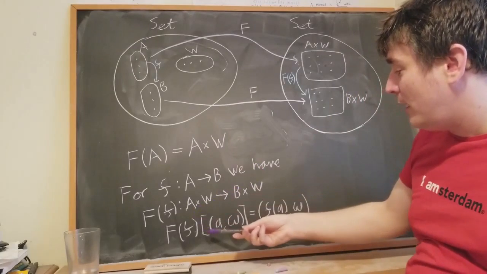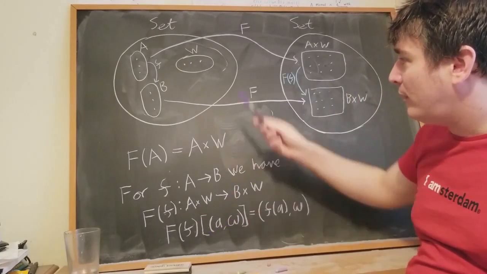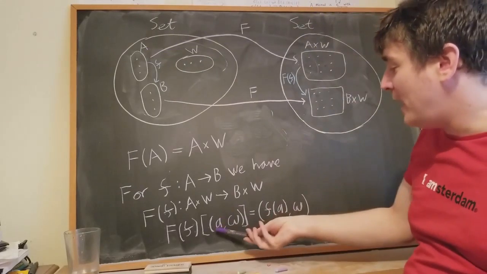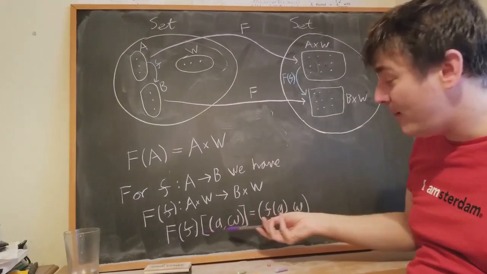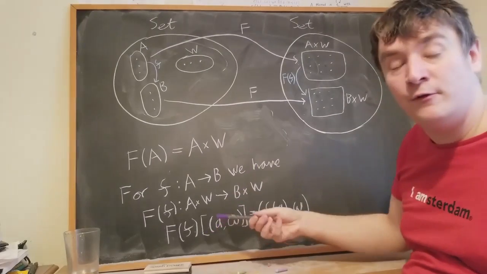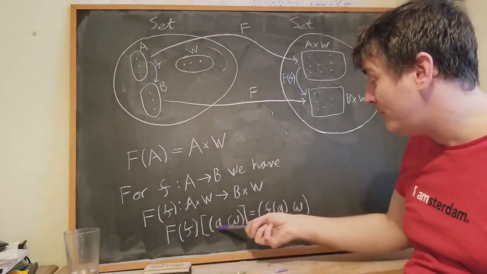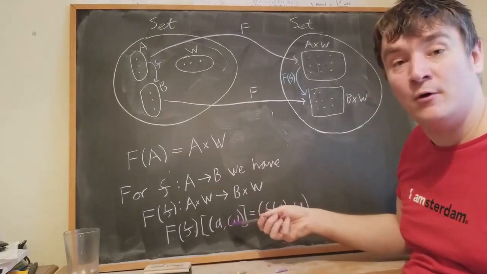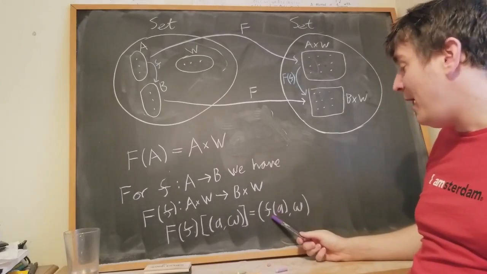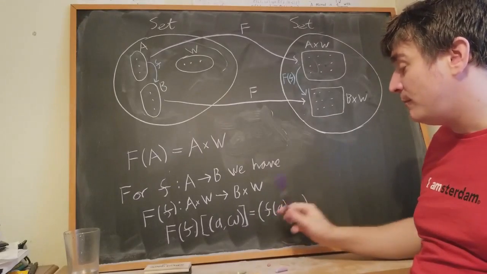It takes in a member of this set, a pair (a, w), applies this function to the first member of the pair and leaves the second member unaltered. So it takes (a, w) to (f(a), w).